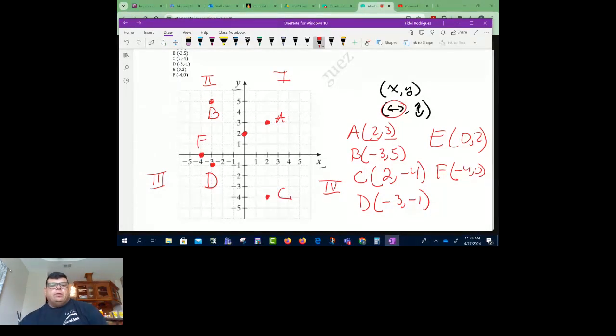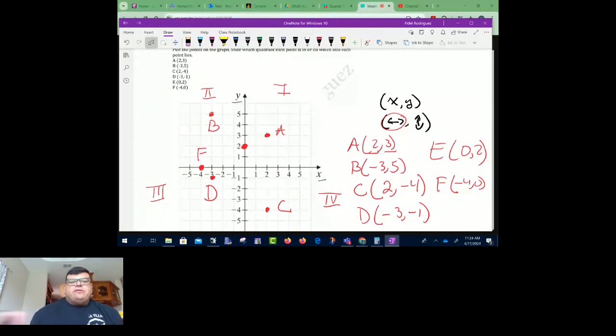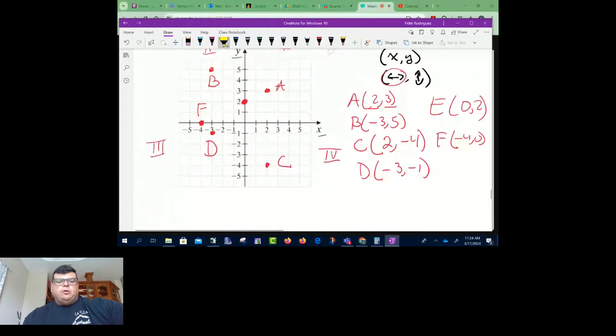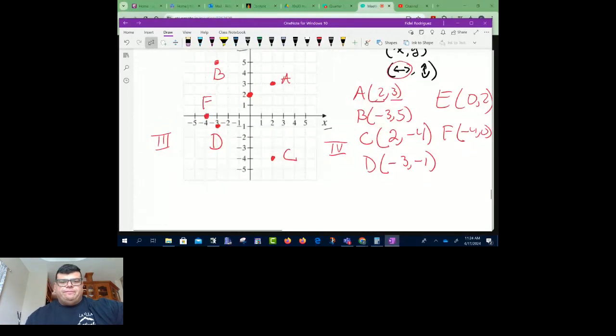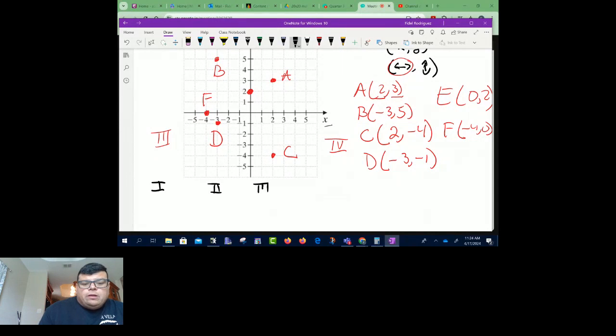Okay. So, y'all, the other thing we wanted to do, besides plotting the point, it says up here at the top, state which quadrant each point is in or on which axis each point lies. Okay, so let's do this, y'all. I'm going to say, look, we got quadrant 1, quadrant 2, quadrant 3, quadrant 4.